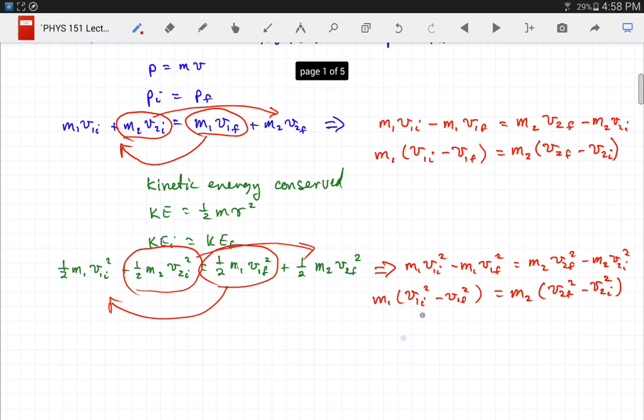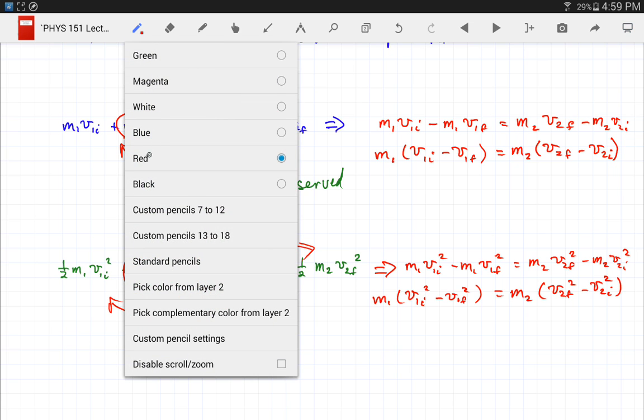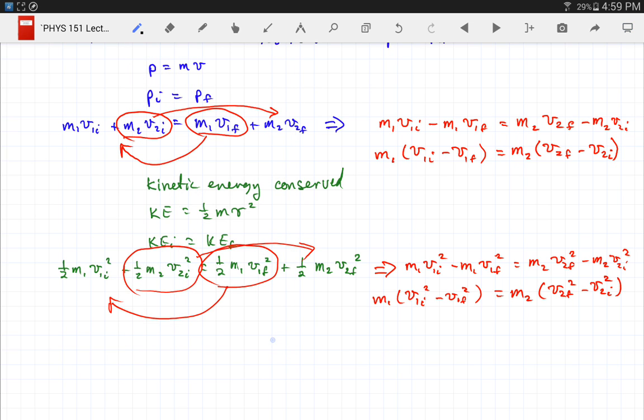And now we go one step further and we expand the terms in parentheses. So this is going to give me mass 1 times v1 initial minus v1 final times v1 initial plus v1 final equals mass 2 times v2 final minus v2 initial times v2 final plus v2 initial.